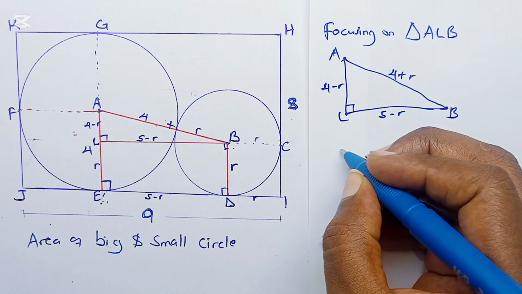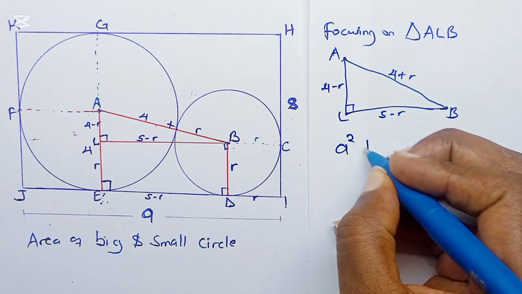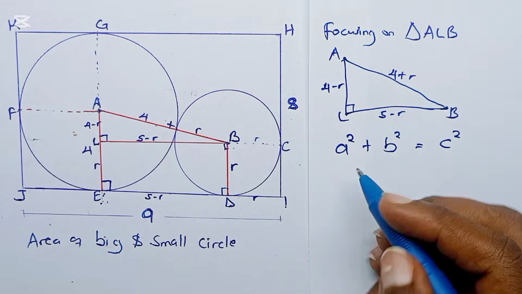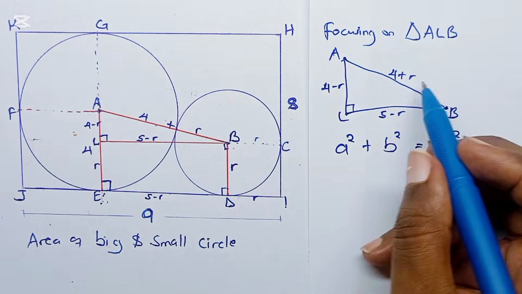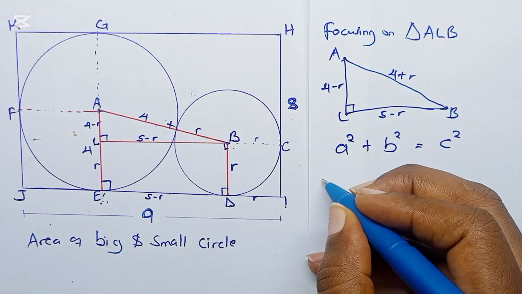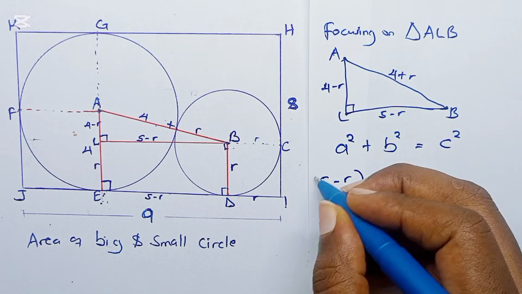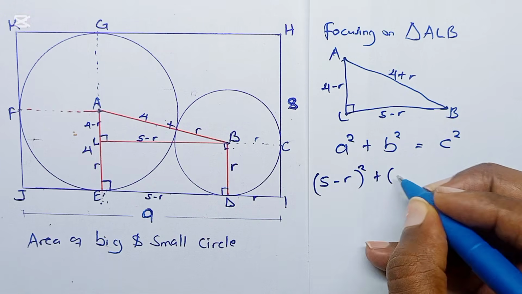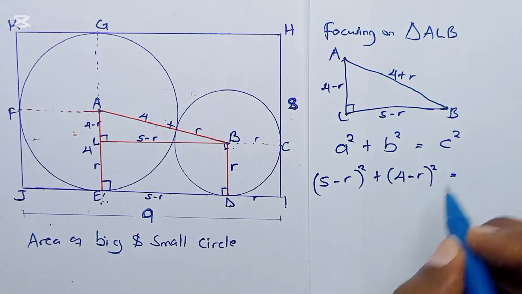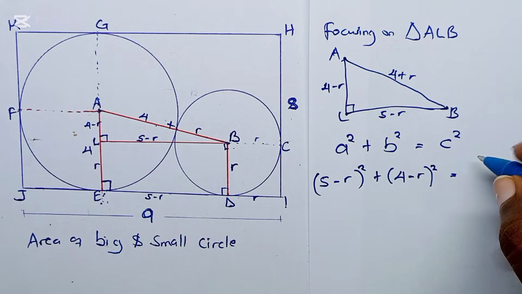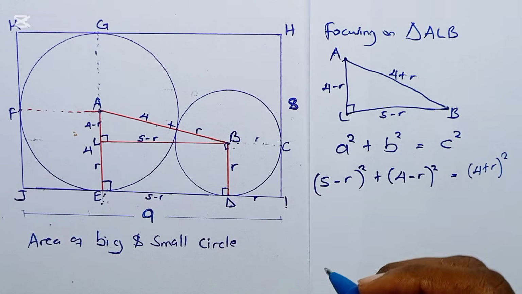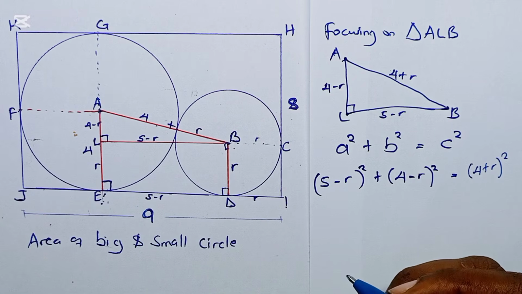So we know that Pythagoras theorem is A squared plus B squared is equal to C squared. This is our A, this is our B, and this is our hypotenuse C. So A is 5 minus R, so this is squared, plus 4 minus R squared is equal to 4 plus R squared.